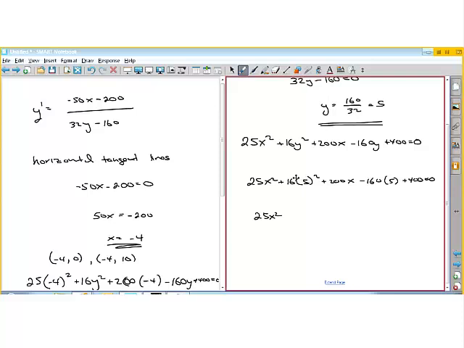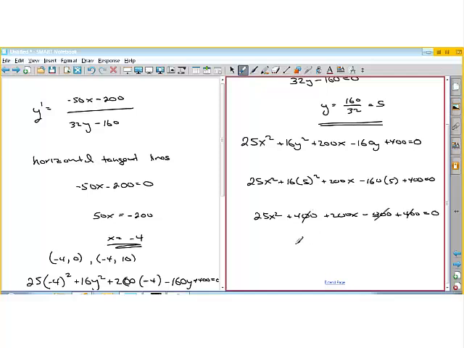The second term becomes 400, plus 200x, minus 160 times 5, which is 800, plus 400. 400 plus 400 is 800.